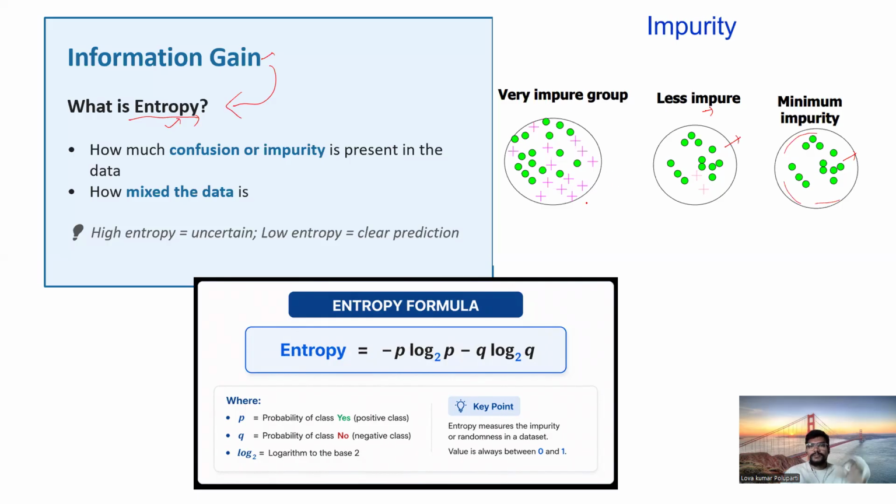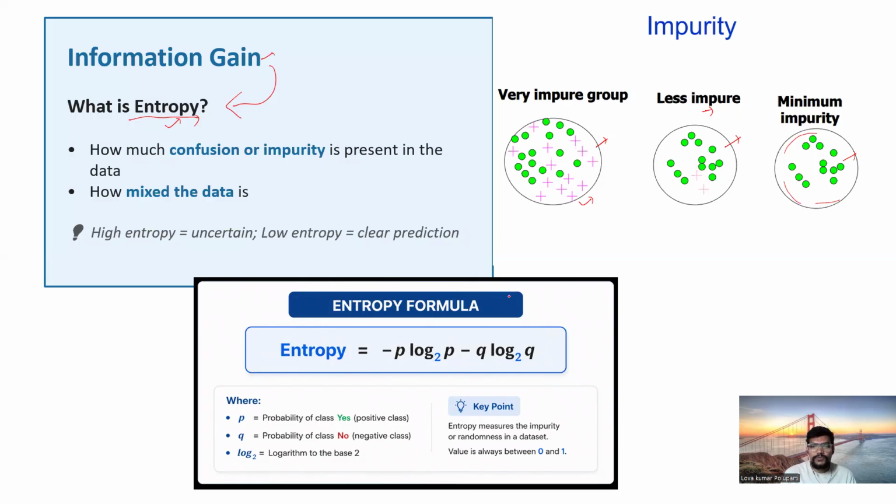Let's say all are mixed: salaried people, businessmen, all the data is mixed. That is confusing, so the impurity is very high and your decision tree will get confused. That's the reason we first need to figure out the entropy: the impurity, how much mixing and uncertainty of the data there is.